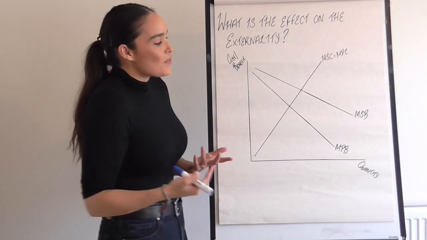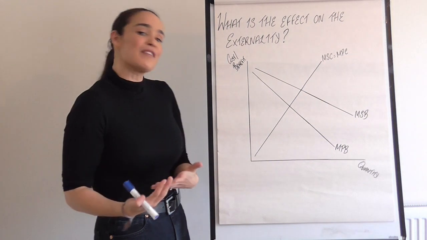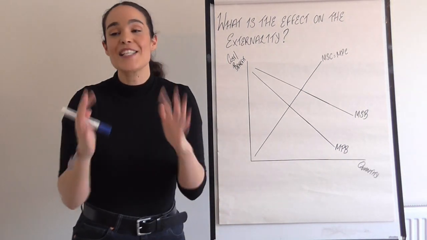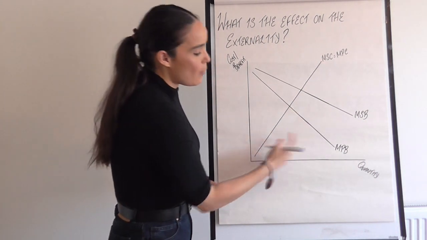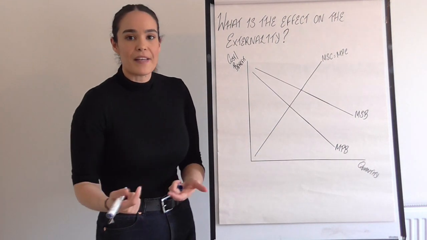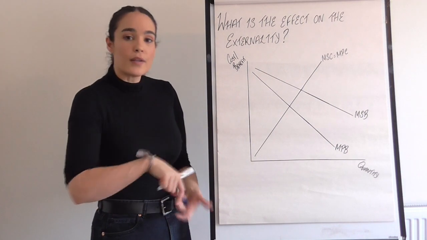So the first thing that we need to do for this diagram here, I've put all of the lines of the diagram, but I haven't put any of the points in, so we can see the original impact and then the change, because those are the rules that we have to follow. So our original position is obviously where our marginal private benefit equals our marginal private cost, because we don't have perfect information and we don't value society's utility as much as our own utility.